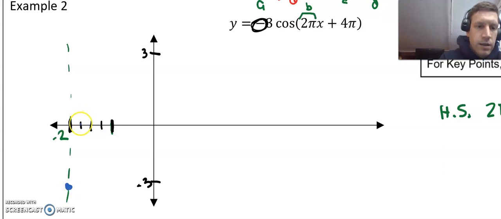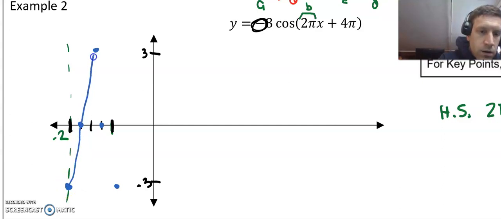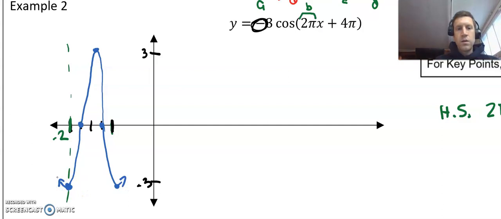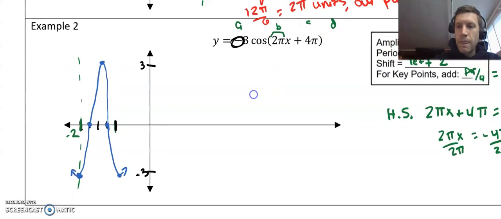Then I hit the midline. Then I hit the max. Then the midline. Then the minimum. Okay, so this is going to be skinny. All right, there's my graph.